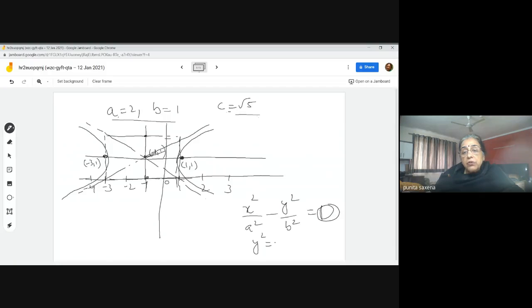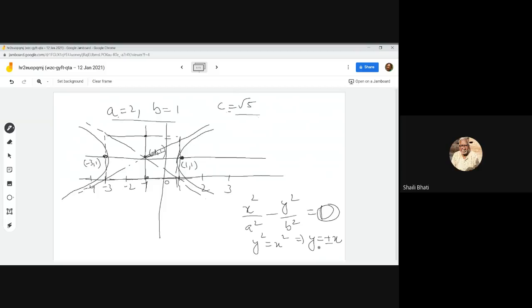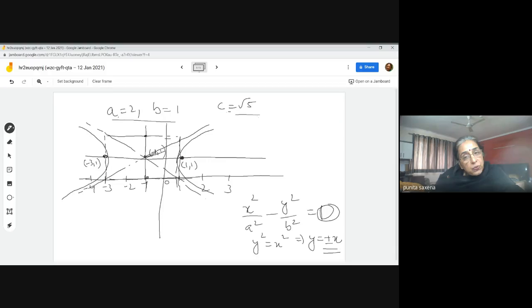Y square equal to x square, which means y equal to plus minus x. So these become the 2 equations of the asymptotes of this hyperbola.